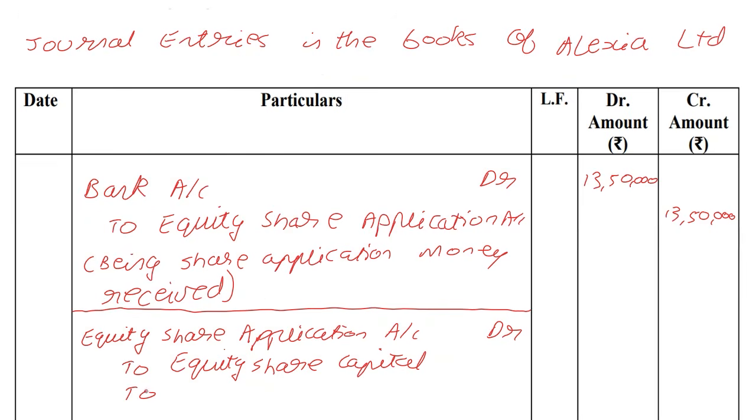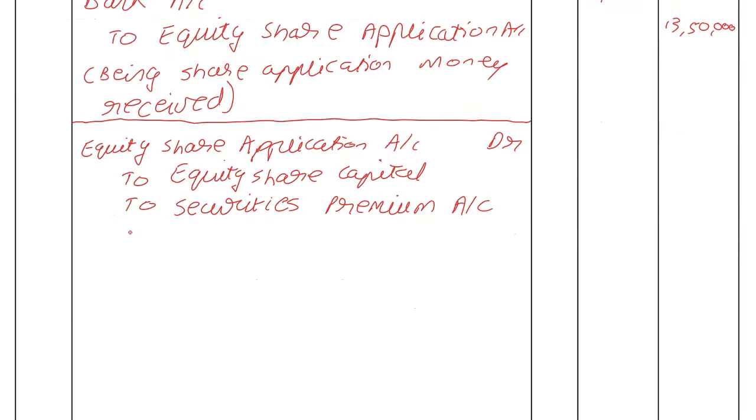So before I can do anything with allotment, I have to credit securities premium account. Let me leave a little bit of space. Going further down, we have equity share allotment account for the amount of money that we can transfer to share allotment.